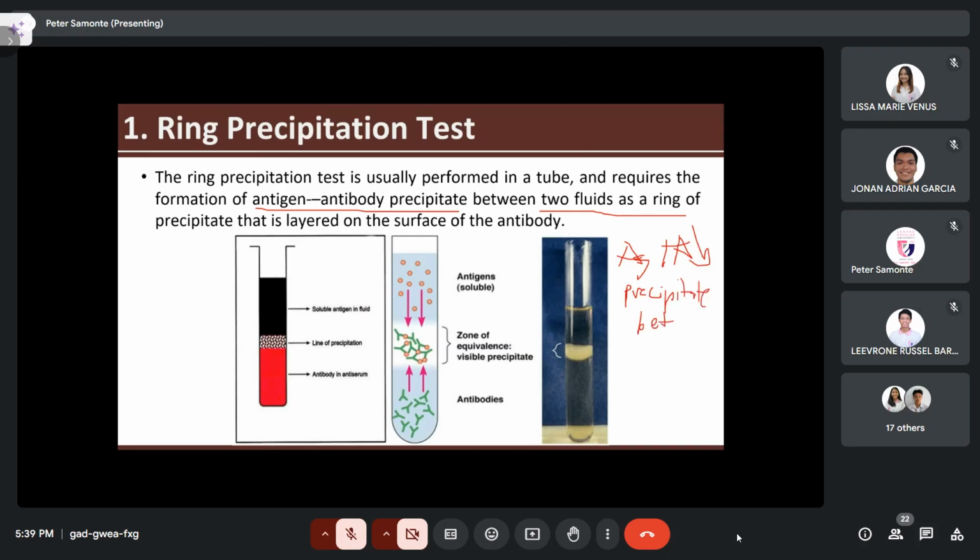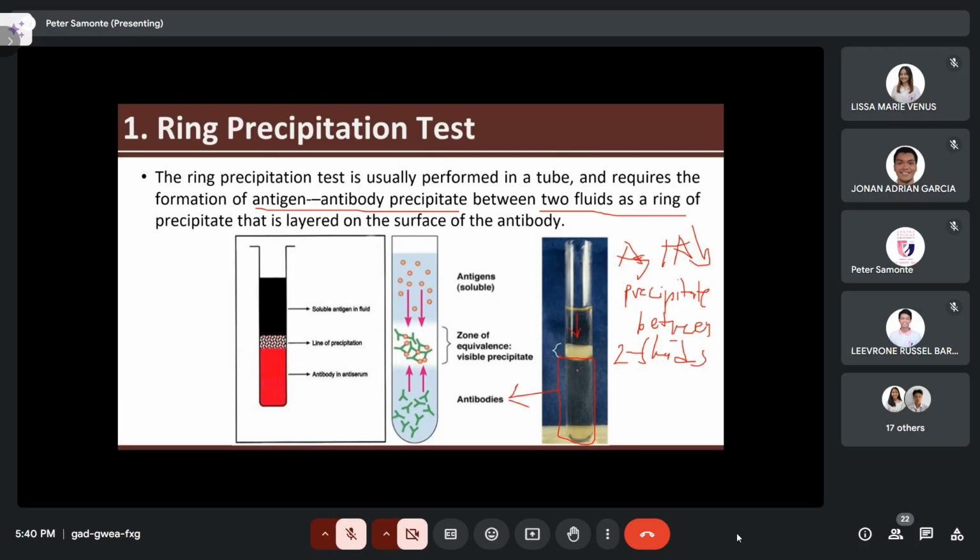in between two fluids. So what you would first do, class, is that you would add your serum, and in the serum class, there would be the presence of antibodies. After adding the serum, so this is your serum. Let's say this is your serum. This would contain the antibodies. After adding the serum that would contain the antibodies, you now add your antigen. Now, what happens is that your antigen would be attracted to the antibodies.